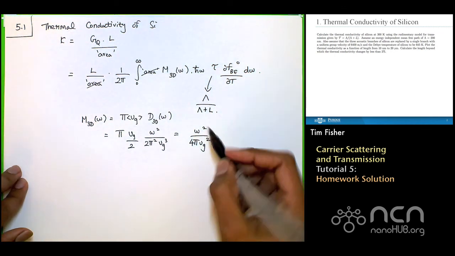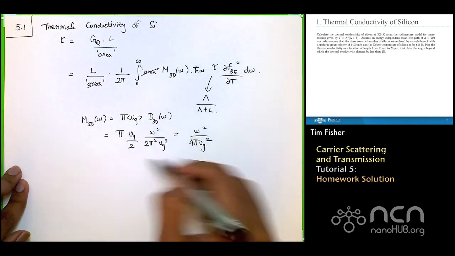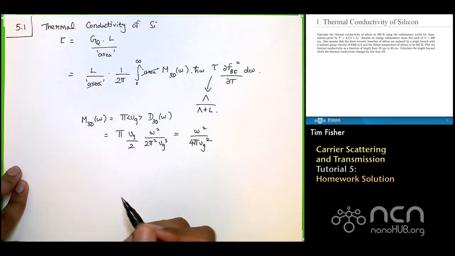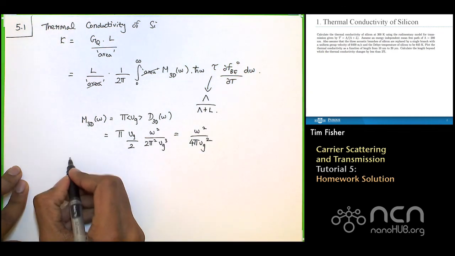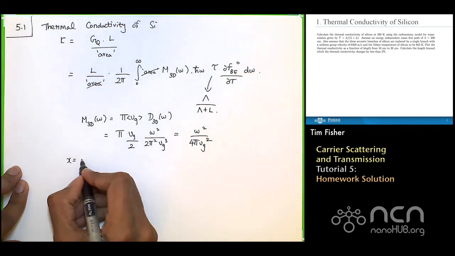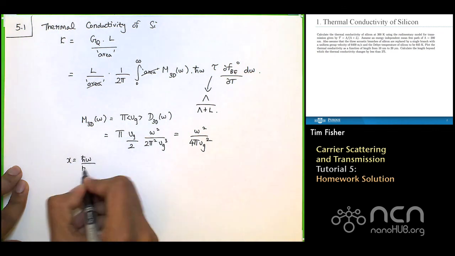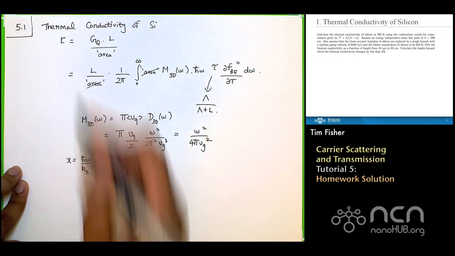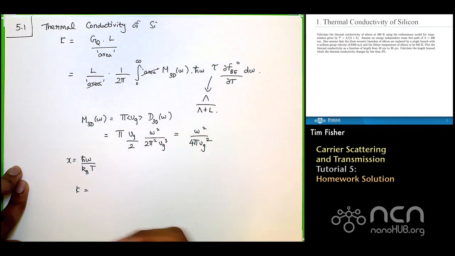And once we substitute this expression for the number of modes into the integral, and also make a change of variable given by x equal to h bar omega by kB T, the thermal conductivity can be written in the following form.